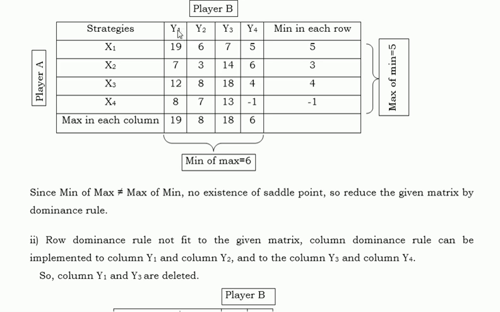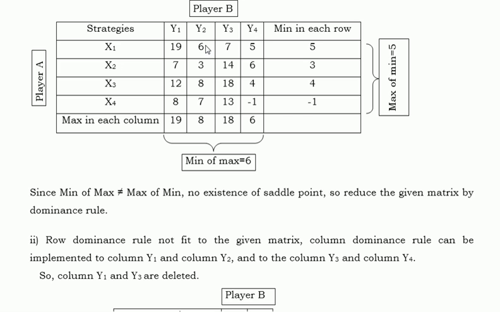So delete y1. Similarly, comparing y3 column values with y4: 7 is greater than 5, accepted; 14 is greater than 6, accepted; 18 is greater than 4, accepted; 13 is greater than -1, accepted. So delete column y3.